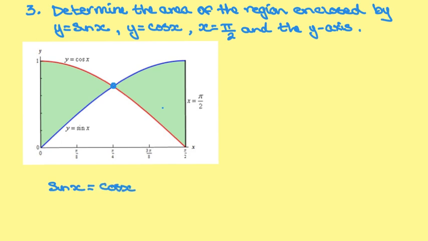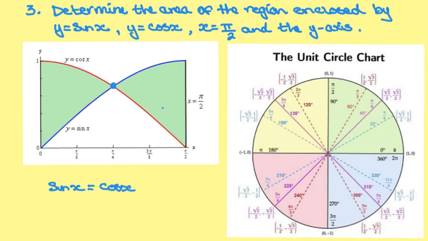If I use the unit circle, I can clearly see that the only place in the interval 0 to pi over 2 this occurs is when sine is root 2 over 2 and cos is root 2 over 2, and this occurs at the point pi over 4. Therefore, x equals pi over 4.